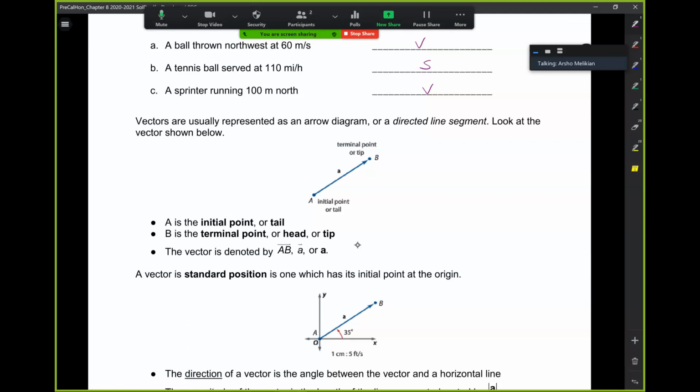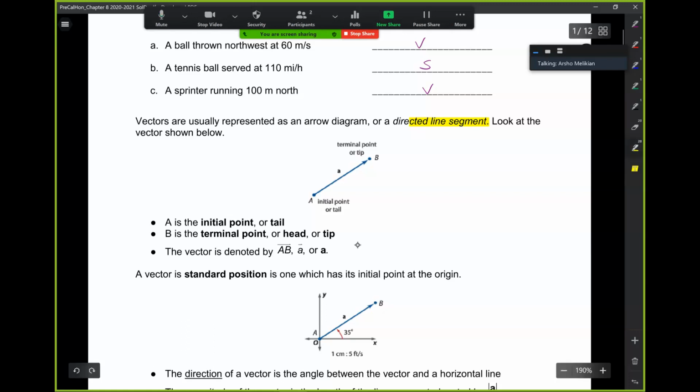A good way to represent them is using an arrow, okay? We call this an arrow diagram or a directed line segment. So take a look at the vector here. It will have a starting and an ending point. There is a starting point and then a direction towards which it's headed.